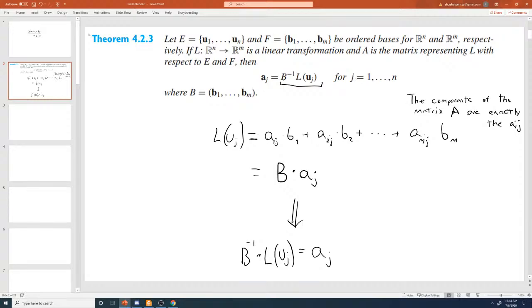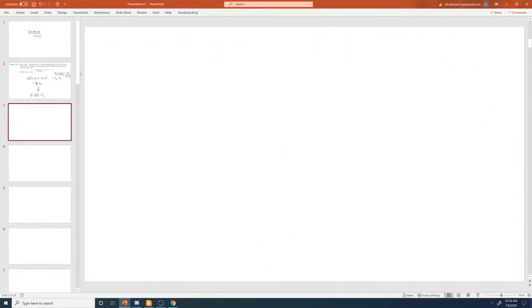And so this gives us a systematic way to express the matrix of a linear transformation with respect to two different ordered bases, one on the domain and one on the target. Let's do one example. Suppose we take the standard basis. The standard basis for R2 is (1, 0) and (0, 1), and I'll call this E. Then I'm going to look at a linear transformation L from R2 to R2.